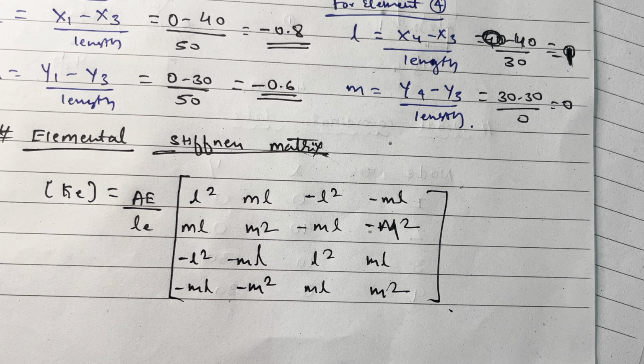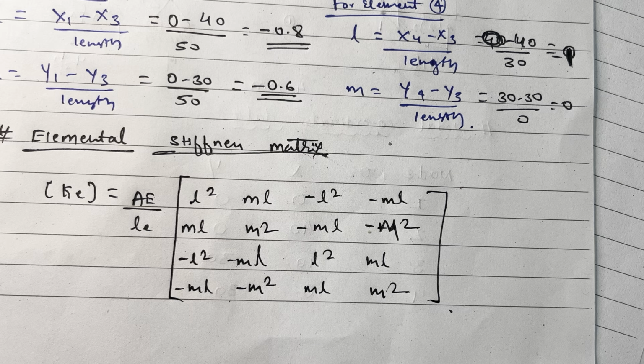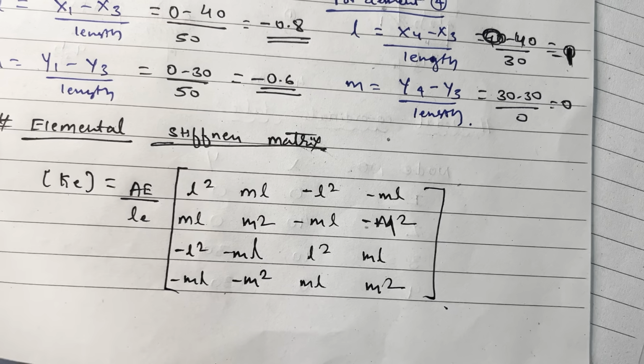Now we have to write the stiffness matrix for all 4 elements, K1, K2, K3, K4, that is for element 1, element 2, element 3, element 4.